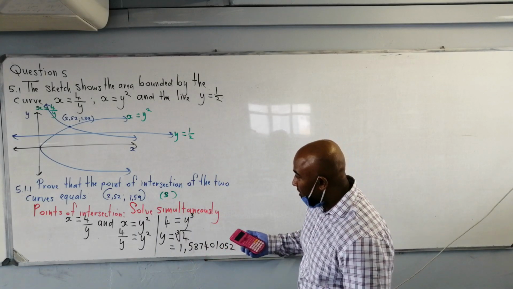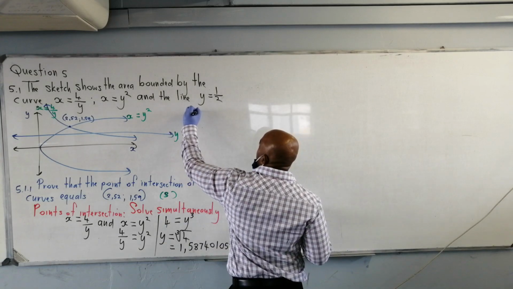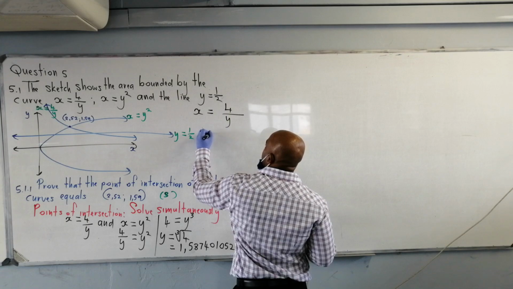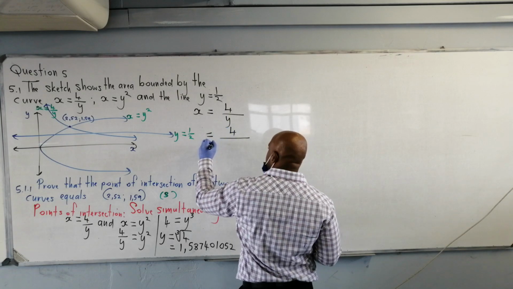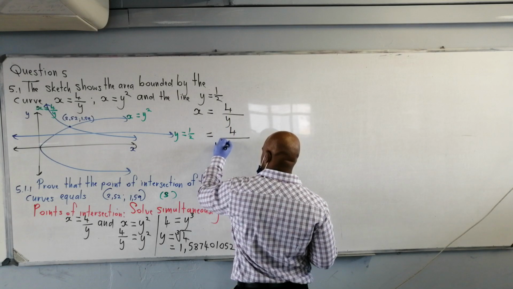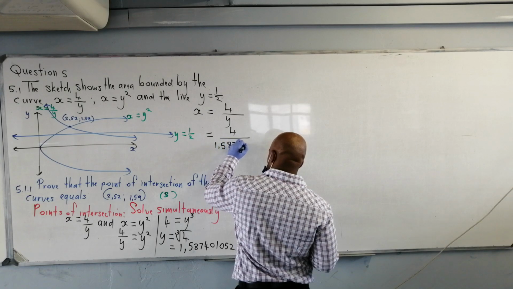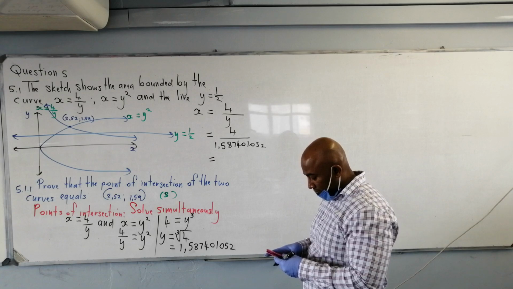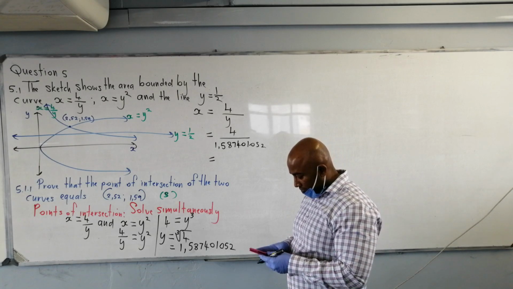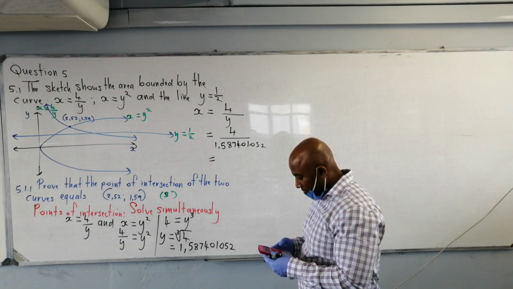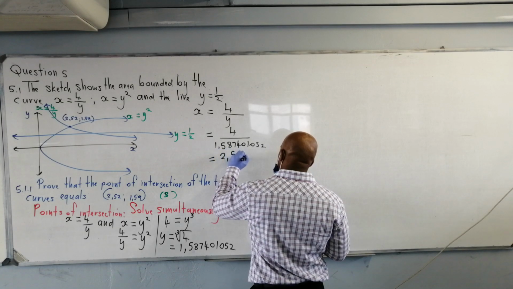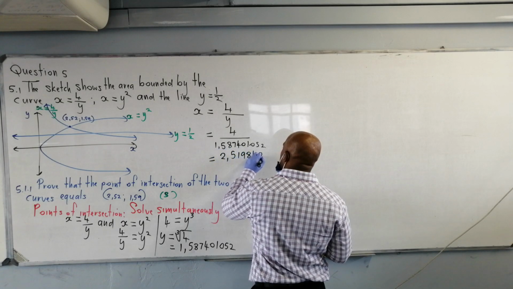Alright, so now I need to work out the corresponding x value. Remember, x is equal to 4 over y. So that's going to be 4 divided by 1.587401052. Then we get 2.5198421.